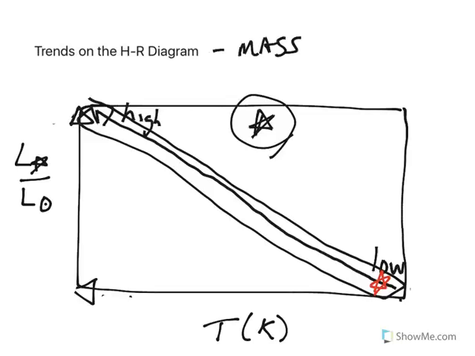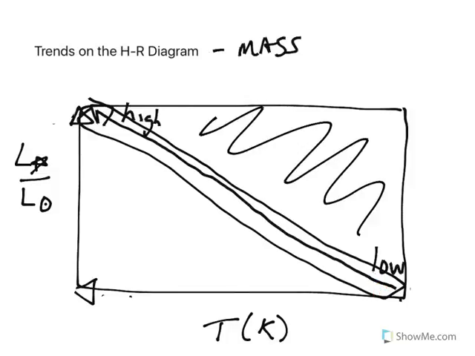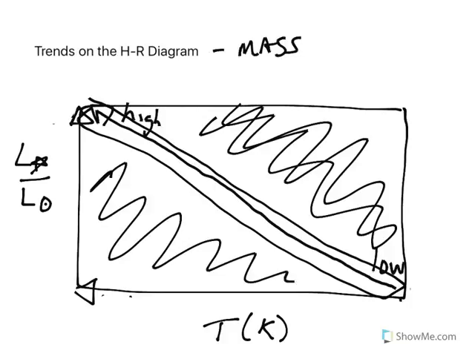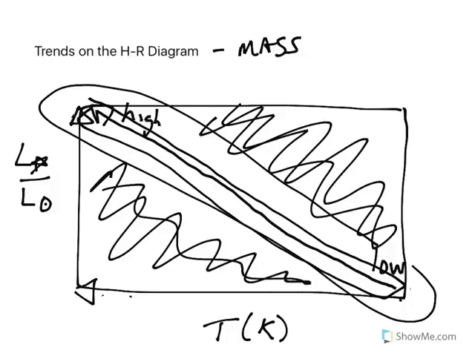So I only know the trend on the main sequence, not everywhere on the HR diagram. You can't answer questions about anything above the main sequence or below the main sequence. You can only answer questions about mass on the main sequence.